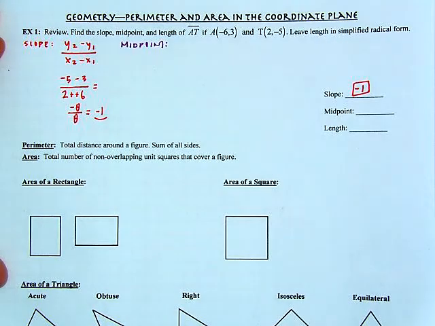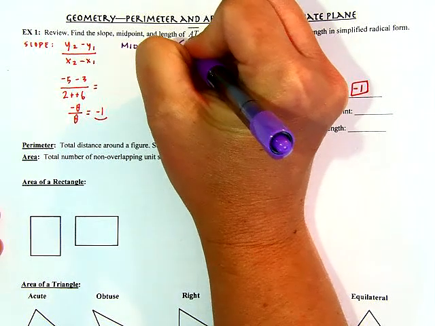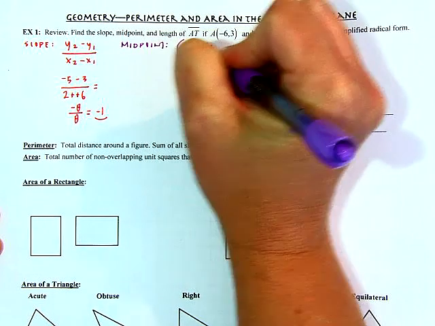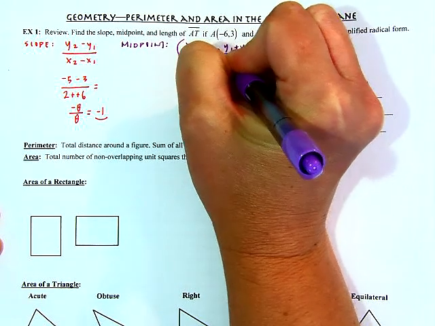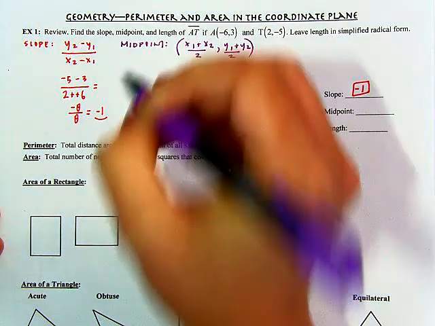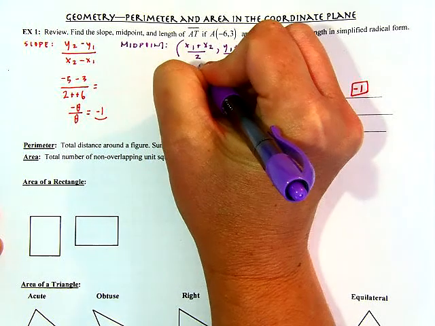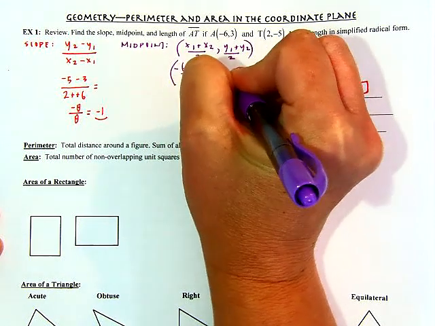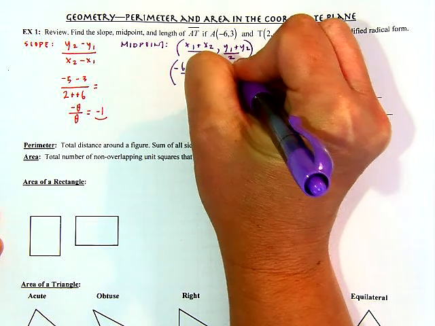So midpoint is average of x, average of y. So I'm taking my x values, adding them, and dividing by 2. I'm taking my y values, I'm adding them, dividing by 2. So here when I plug in, I have negative 6 plus 2 over 2, and 3 plus negative 5 over 2.